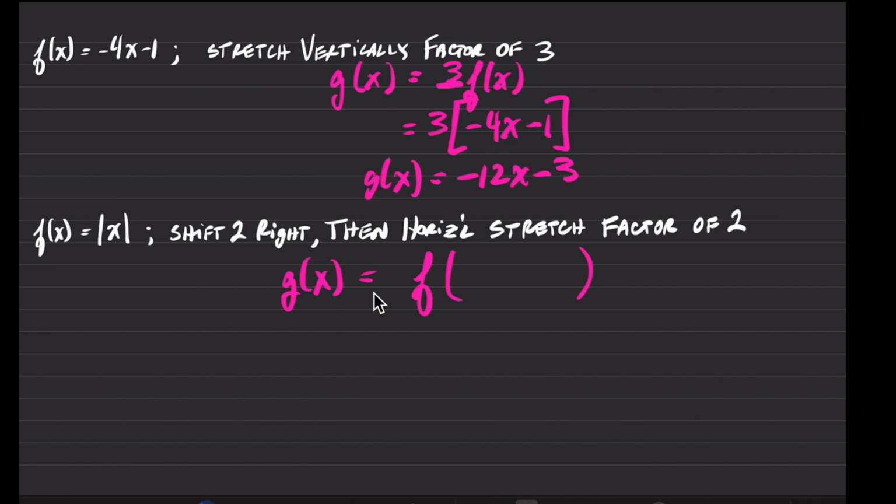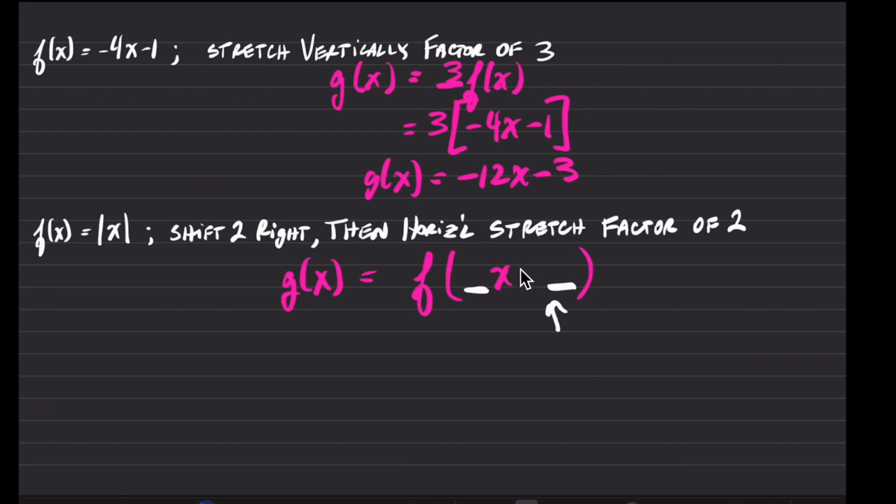Here's our x. We know we're going to have an inside guy, and then we're going to be adding or subtracting something over here to reflect that shift. Now, folks, remember, if you're shifting first, then stretching or compressing, that means we are in non-factored form.